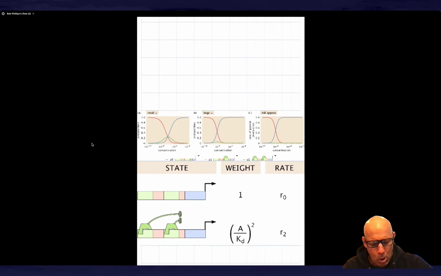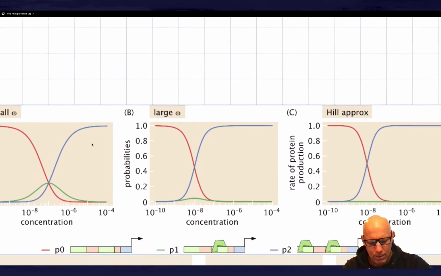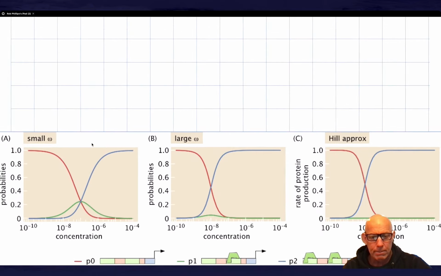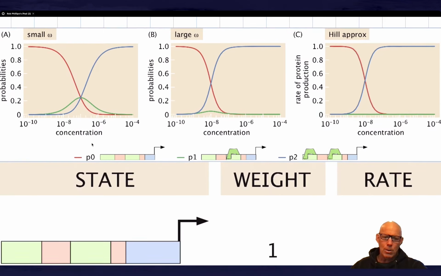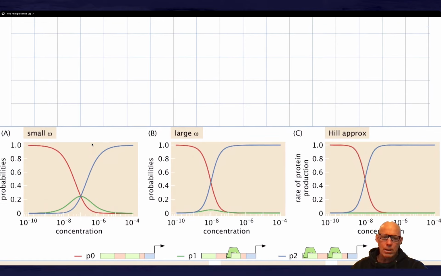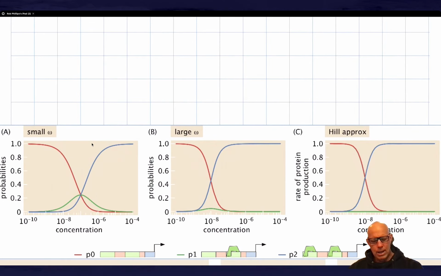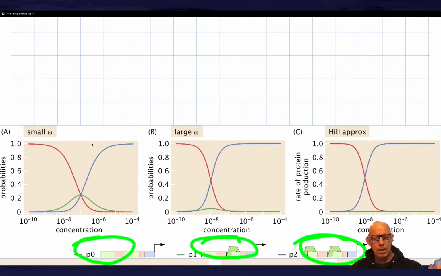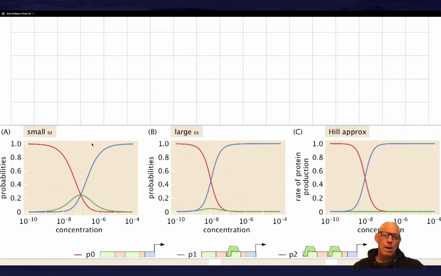Now, this is a moment for us to remind ourselves about cooperativity and the Hill function. So I'm going to find it easier to think about the Hill approximation, and so we just talked about the various states of occupancy. So here's the empty state, this is the singly occupied state, and the doubly occupied state. So that's what I mean when I say P0, P1, and P2.